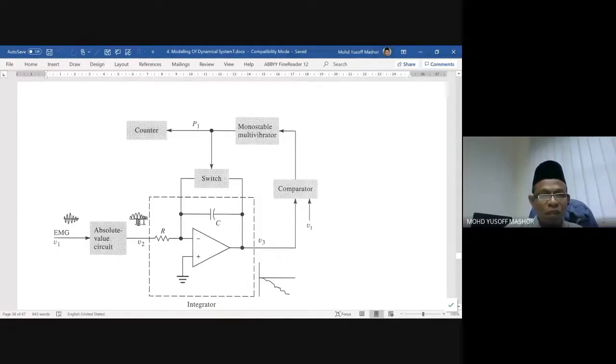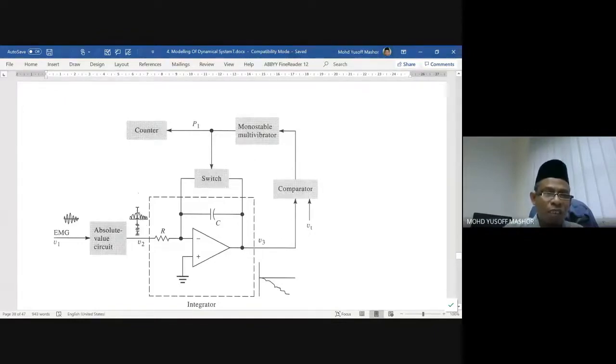Even though we can see here the signal of EMG doesn't produce a constant amplitude, it doesn't matter because we accumulate the charge here, not the voltage. If the exercise is small, it will take a longer time for us to operate this switch automatically.